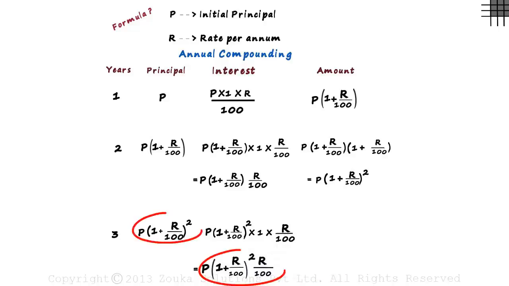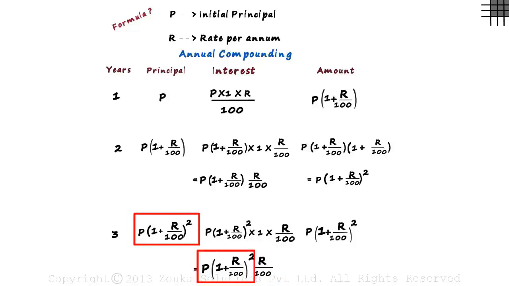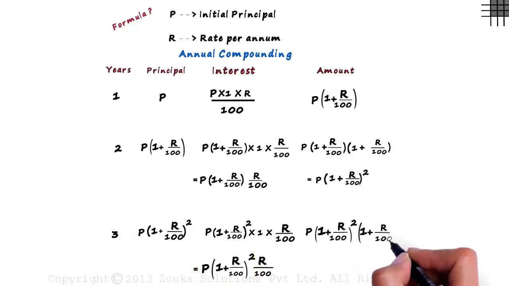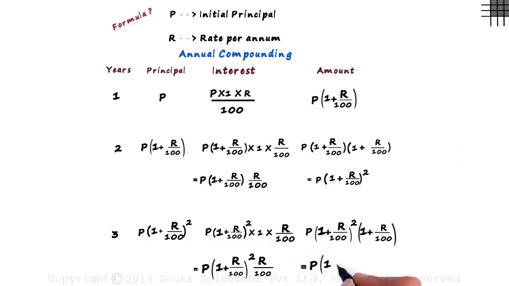We add these two terms to get the amount. P multiplied by 1 plus R by 100 the whole squared is common to both the terms. So we get the amount as the common term multiplied by 1 plus R by 100. And we get the amount at the end of the third year as P multiplied by 1 plus R by 100 the whole cubed.